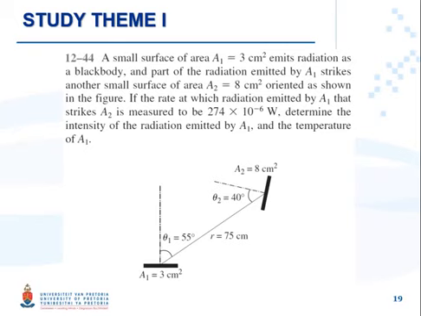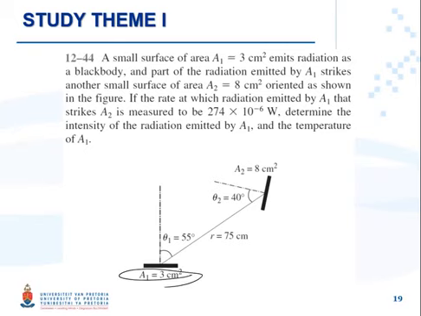We have two small surfaces. They are far from each other. The R is 75 centimeter, and we have the different angles. What it is asking us is to determine the intensity of radiation emitted by A1 as well as the temperature of A1. So basically it's focused on the surface A1.